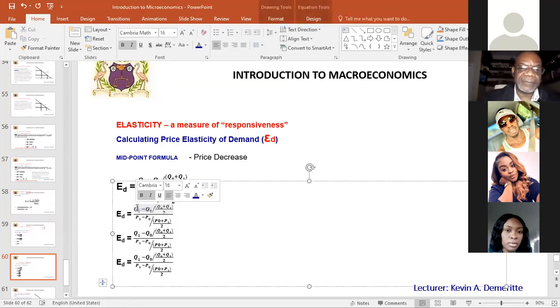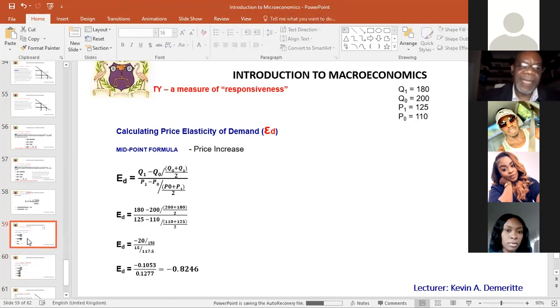So then, what is her new Q1 now that she's going back down the demand curve? Here's what it was when she went up the demand curve.